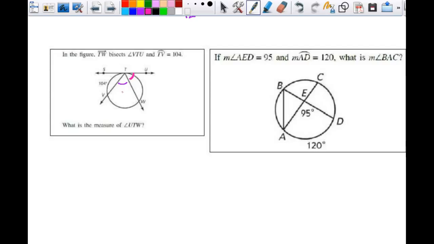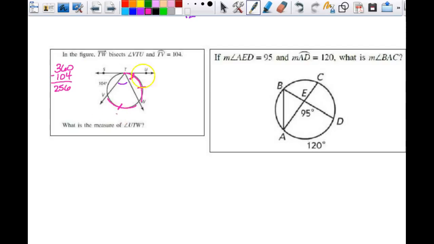They both have the vertex on the circle, which means that they are both half of their intercepted arc. So their intercepted arcs have to be congruent. Well, I can easily find that because I know the rest of the circle. If I just take 360 and subtract 104, that's going to give me 256, right?